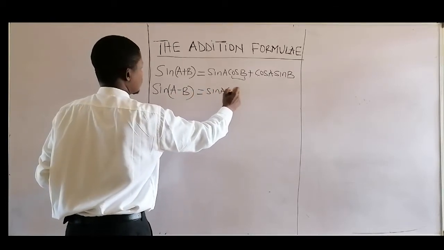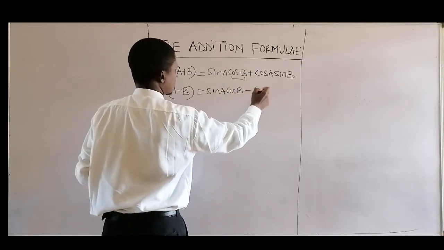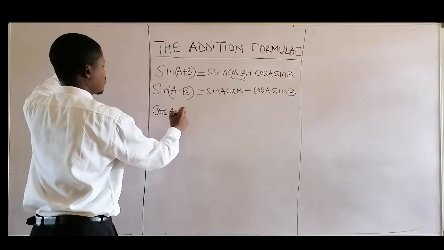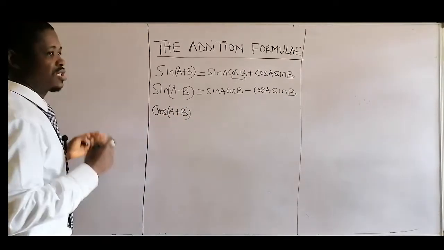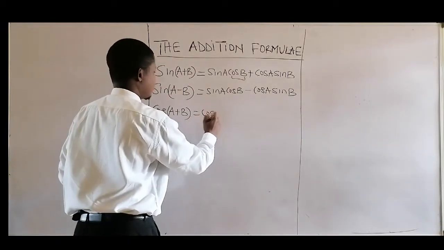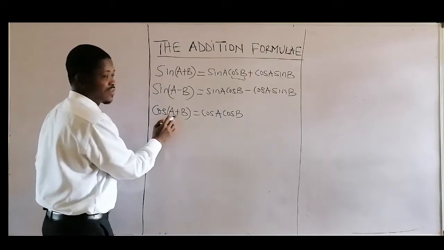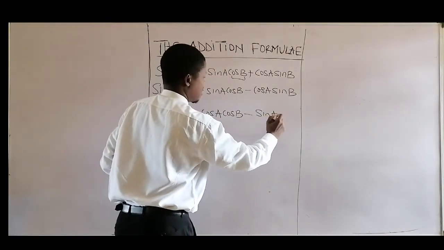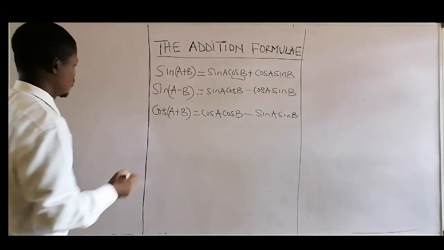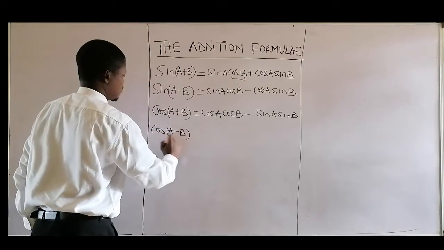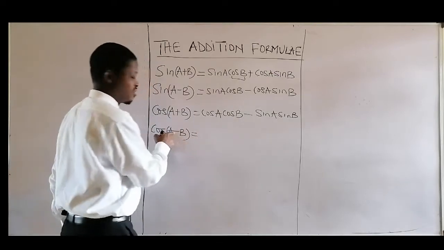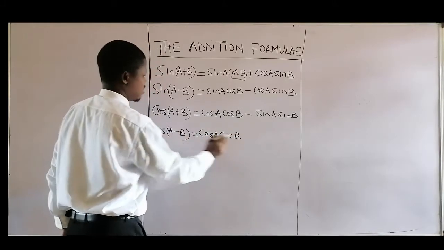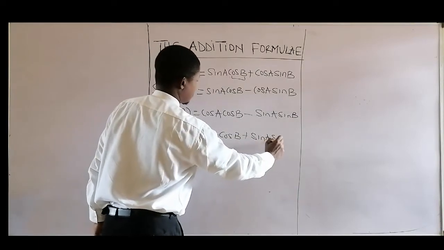Sine A cos B, then minus cos A sine B. Then cos A plus B. For the case of cos, it will be cos A cos B, and then the plus sign you have here, we will reverse, and then you have sine A sine B. Then the next one is cos A minus B. It will be the same thing also, but this sign will reverse, and that will be cos A cos B, then plus sine A sine B.